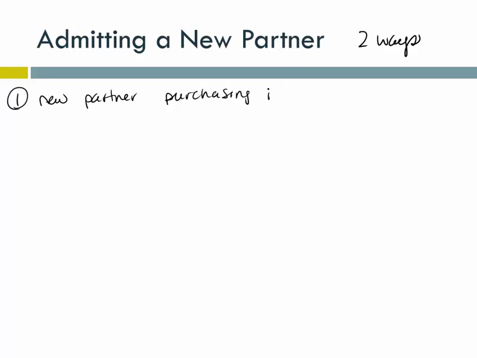So purchasing interest in the partnership from an existing partner. So Joe's leaving and Bill's coming in, and Bill just buys Joe's share of the business is essentially what this is. If this is the case, the business is not getting any money.